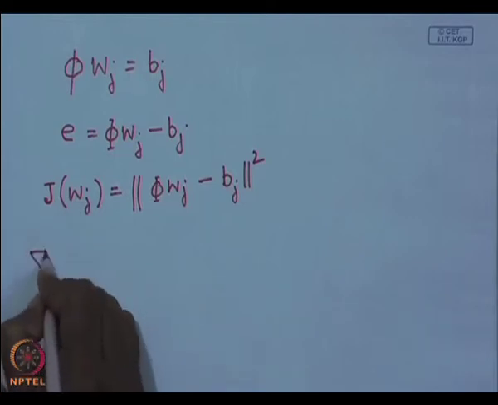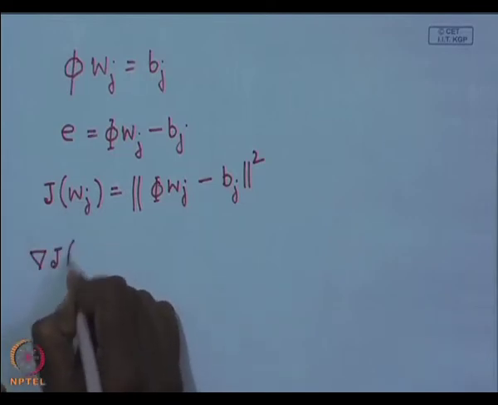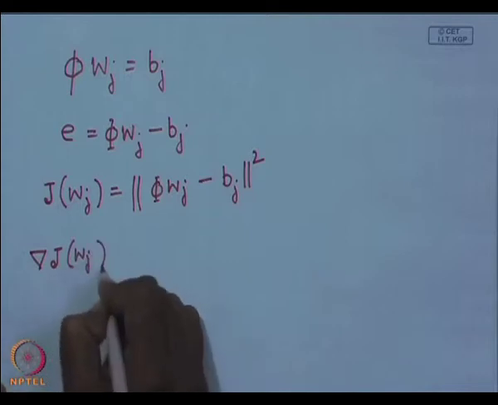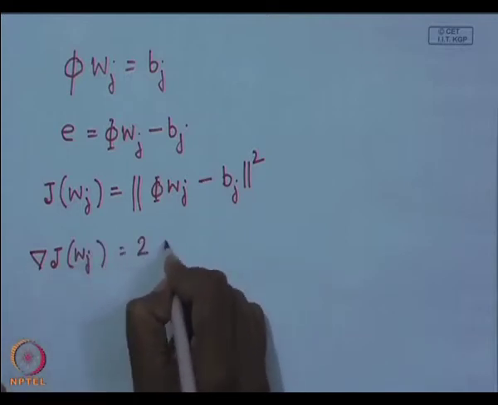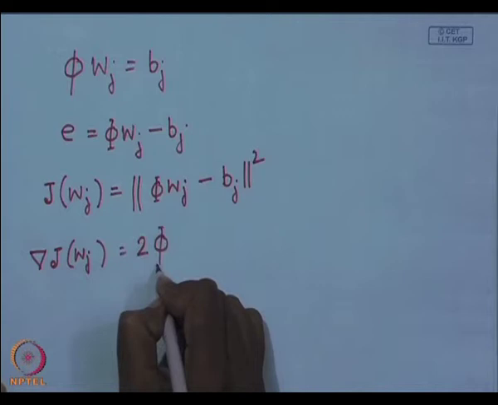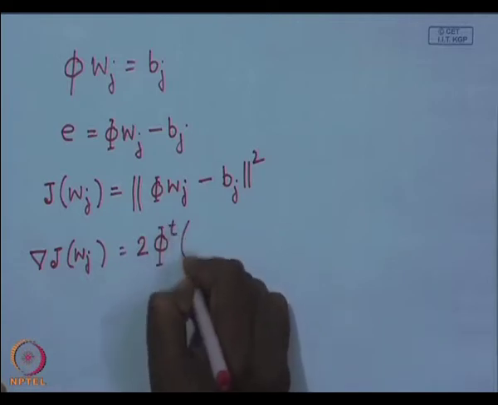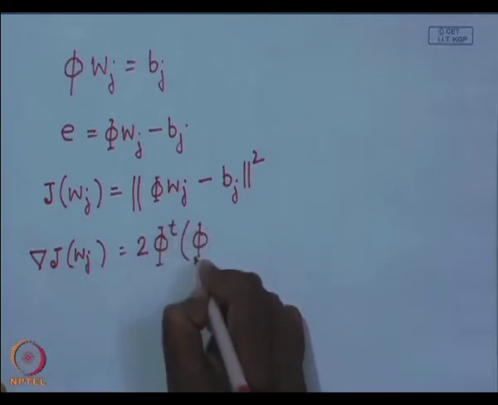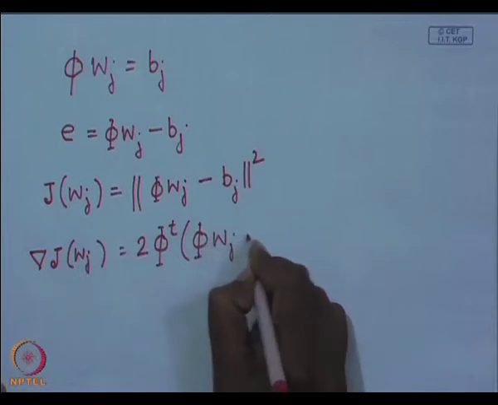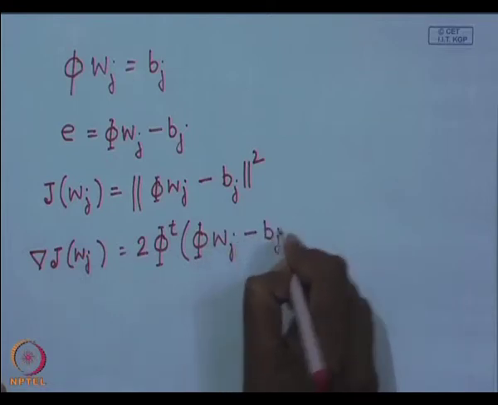So, grad of J w j will be simply 2 phi transpose into phi w j minus b j.